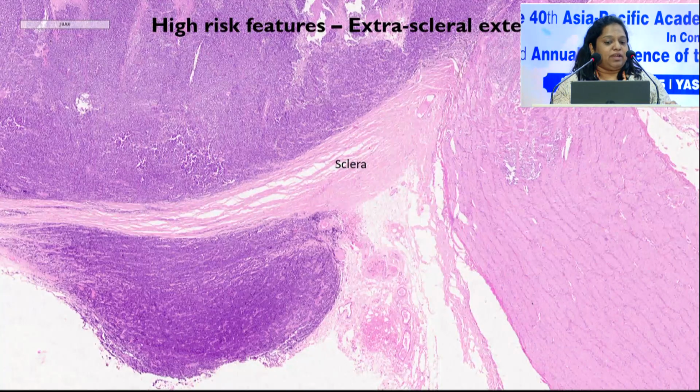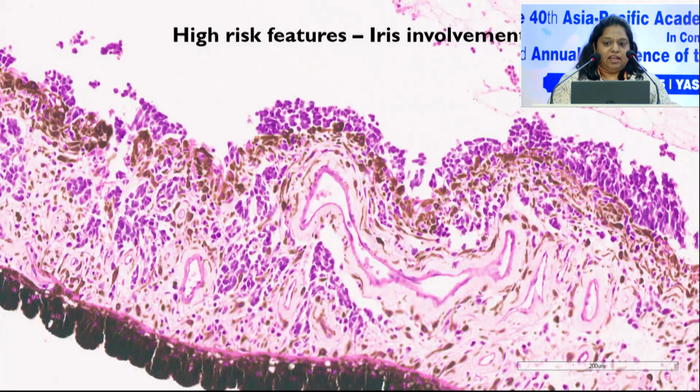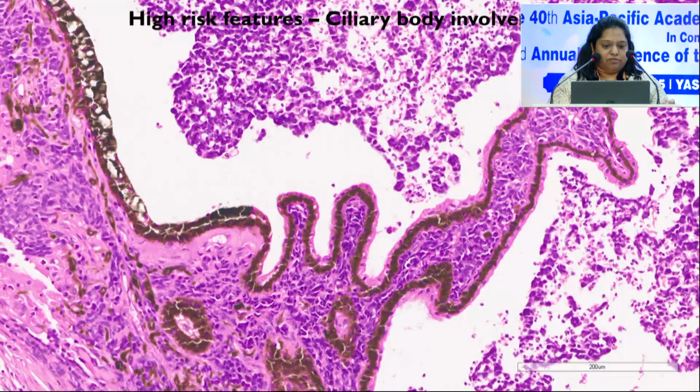And this is how an extrascleral extension looks, where the tumor cells directly pass through the sclera and are out into the orbit. Other questionable involvement or high risk features include the iris involvement, where it can form a membrane over the surface, or it can involve the entire stroma of the iris.